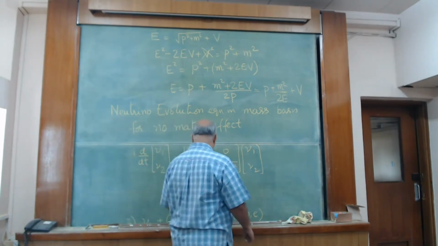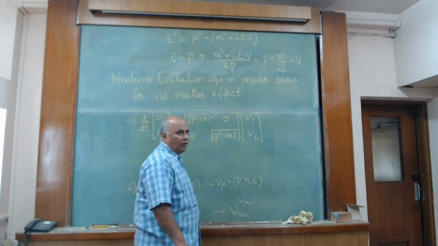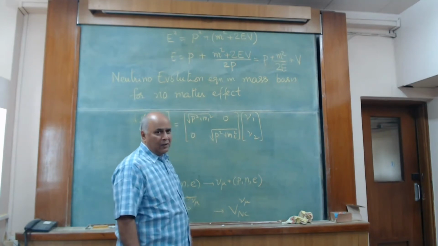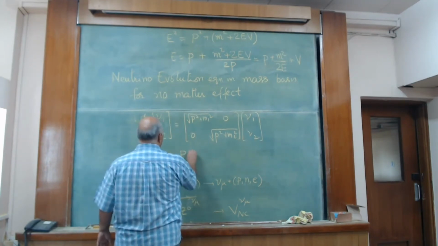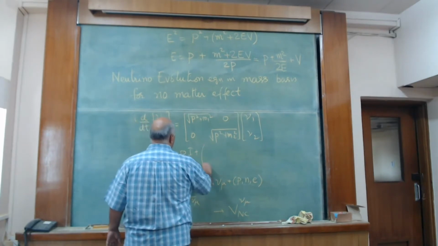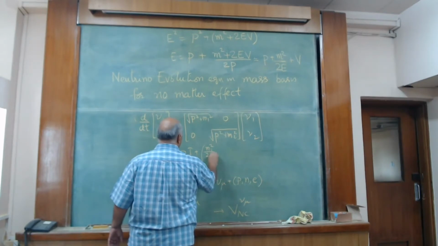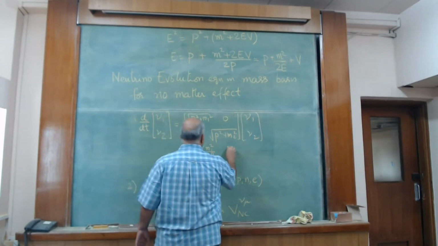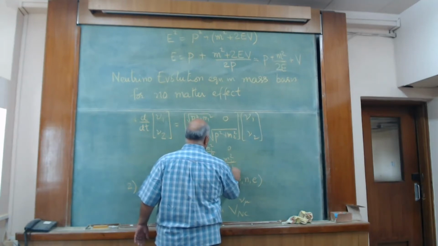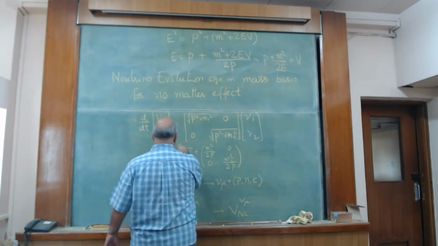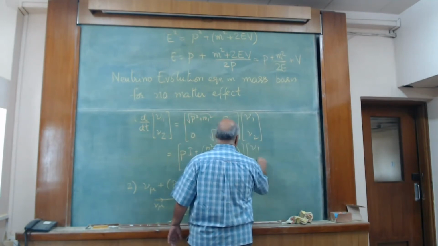And if I make the ultra relativistic approximation, this is p times identity plus m1 square by 2p, 0, 0, m2 square by 2p, times nu1 nu2.